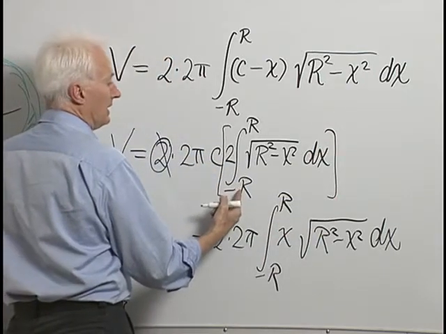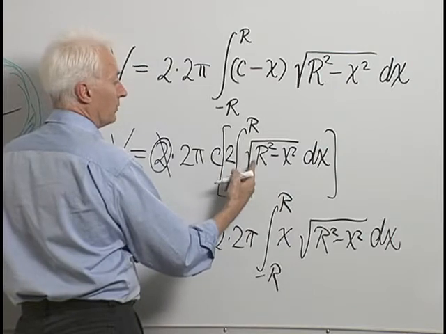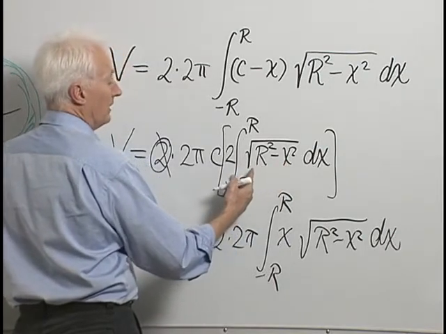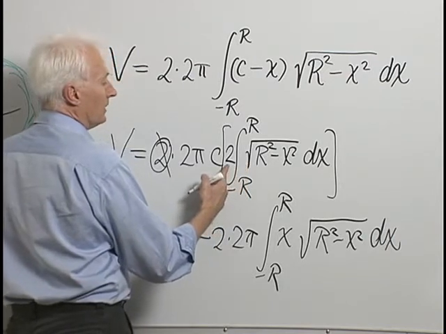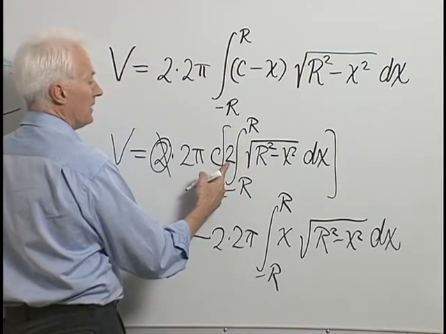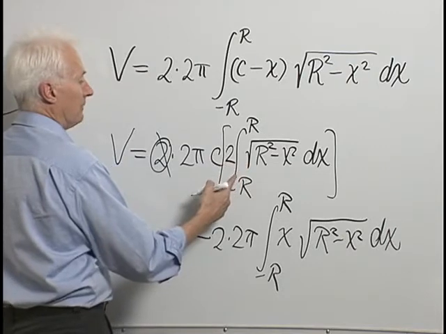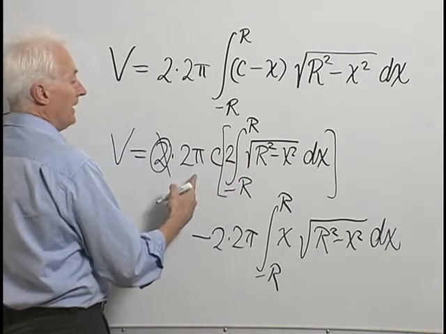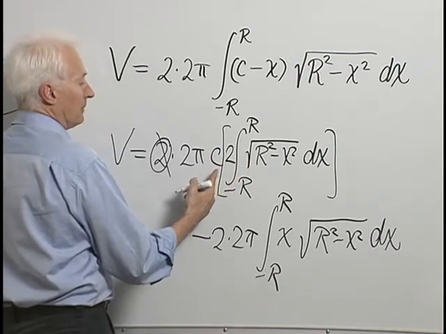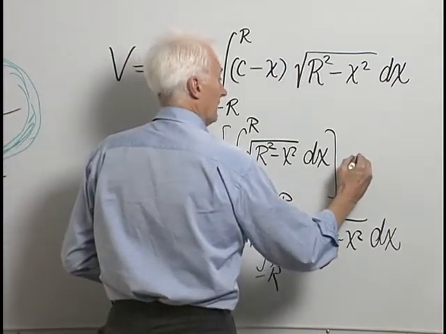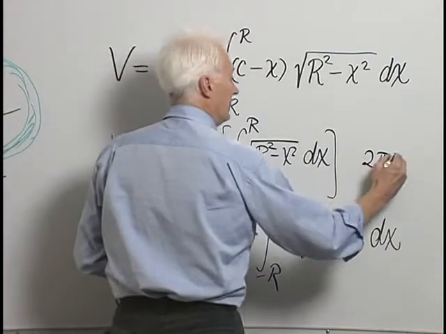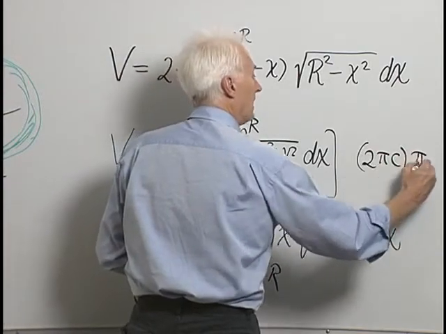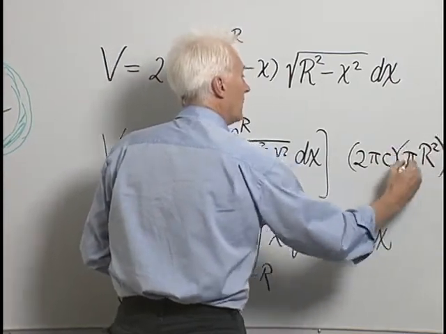Remember, when I integrate from −R to R the square root of R² − x², that gives me the area of the upper half of the disk, and so multiplying it by 2 gives me the area of the disk of radius R. So we know what that is. That's πR². So we get for the first term 2π times c times πR².